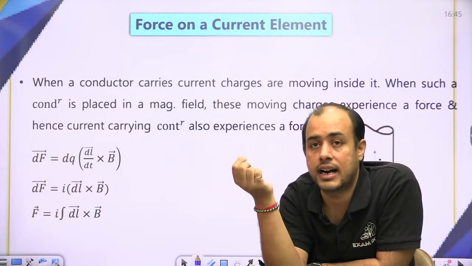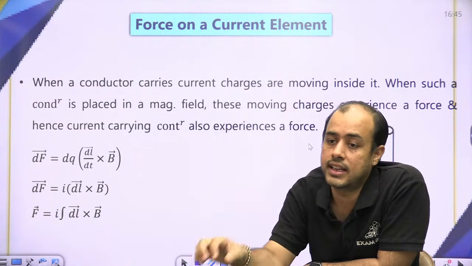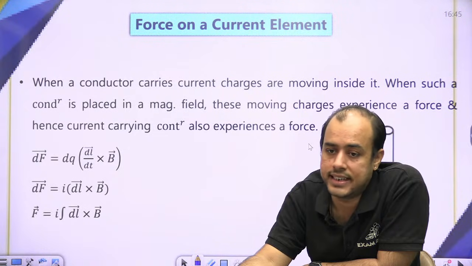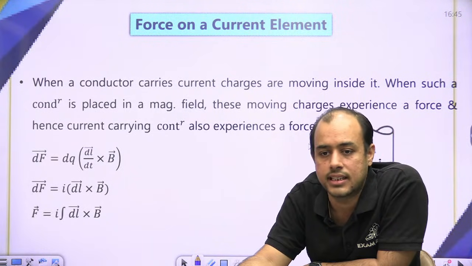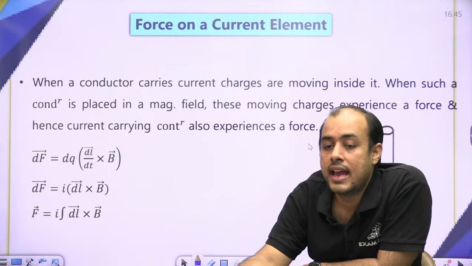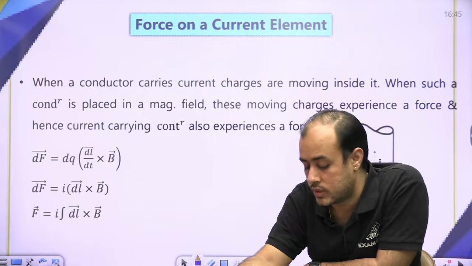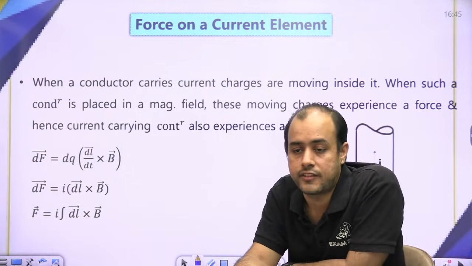Now, if a current carrying conductor is there, then even when the conductor is carrying a current, the charges are moving inside the conductor. So those charges will experience a force, and that is why a current carrying conductor will experience a force inside a magnetic field.